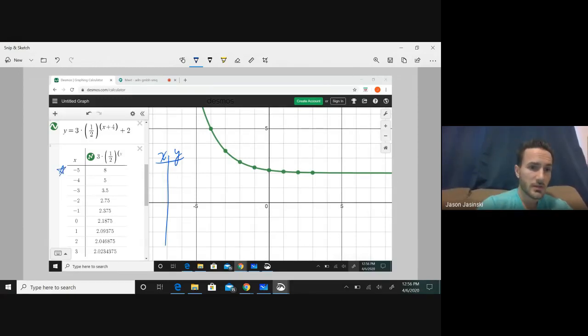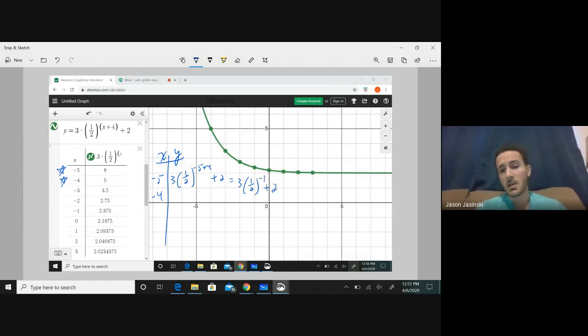Notice these two x values worked well: -5 as well as -4. So use the function 3 times 1/2 to the -5 plus 4, plus 2. That gives you 3 times 1/2 raised to the -1, plus 2.